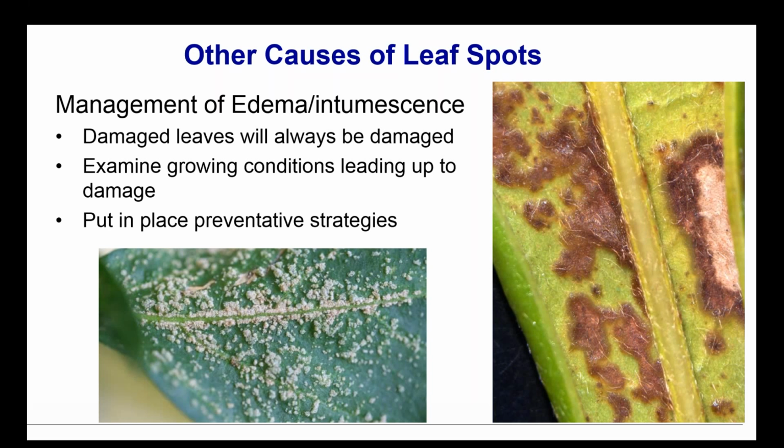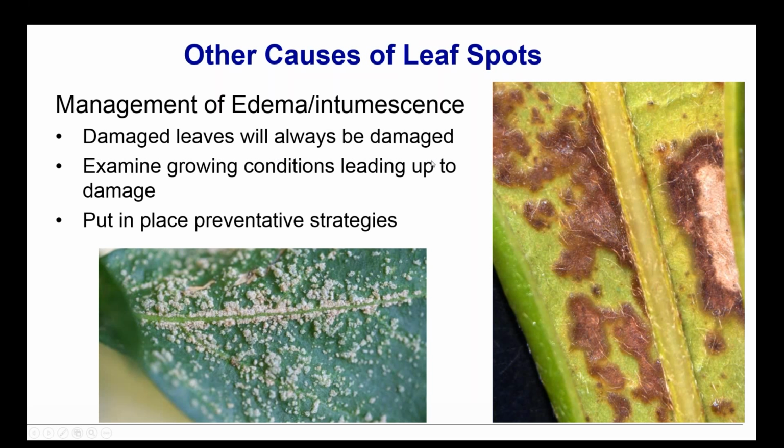Extremes in temperature can be associated with a production of edema, particularly in some seedlings. And you'll find that some host plant varieties are more prone to the development of edema than other varieties. So it does take some vigilance to disentangle the problem and come to a solution for your particular nursery.